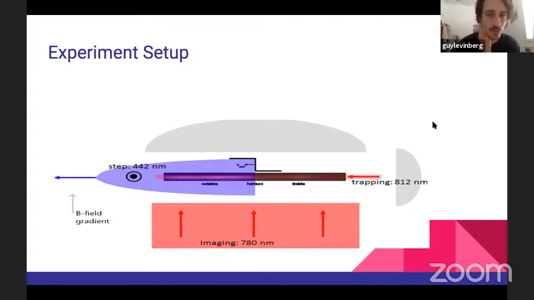I'm not going to go too much into these details, but they basically used lasers to create a potential, and they moved the laser around, and they measured everything in the laser frame.